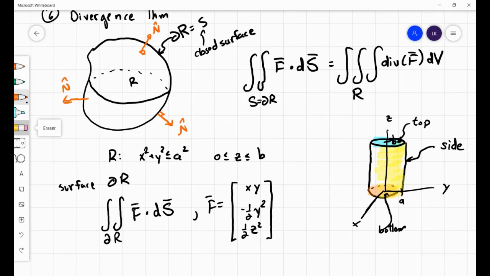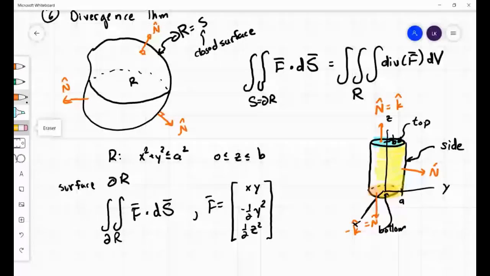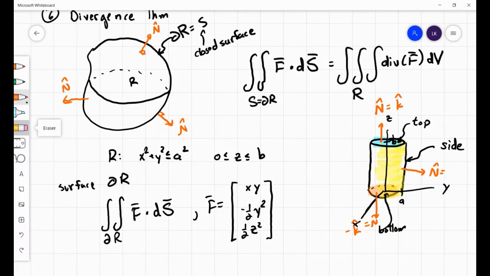So if you were to do this flux integral directly over that surface, on the top, your unit normal would just be the positive z direction. On the bottom, that unit normal would be in the negative z direction. And on the side, it would be something else, right? But the idea is that the unit normal in the divergence theorem has to be pointing away from the enclosed region. It's an outward pointing normal.